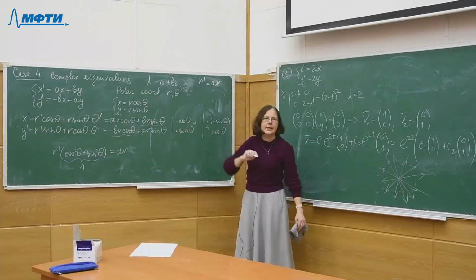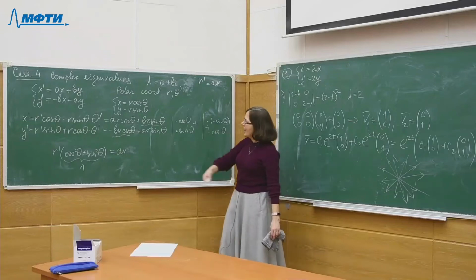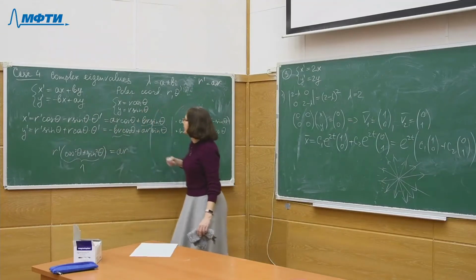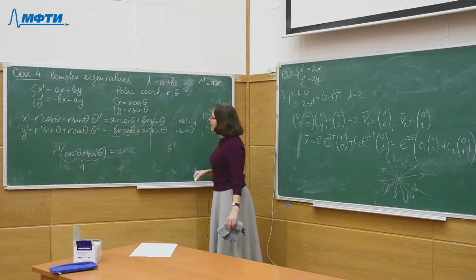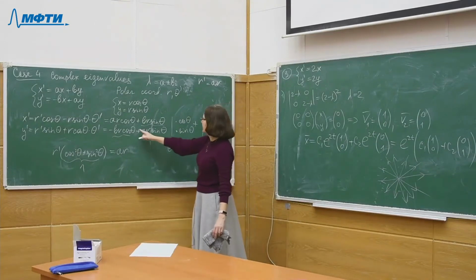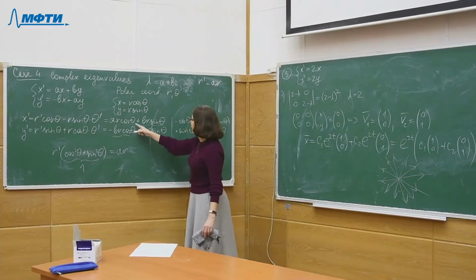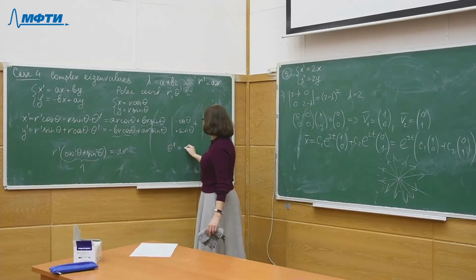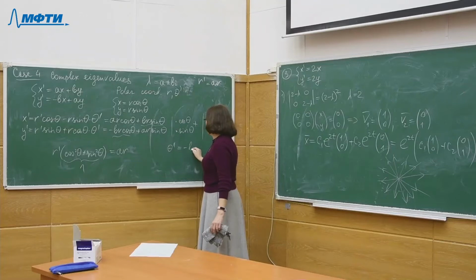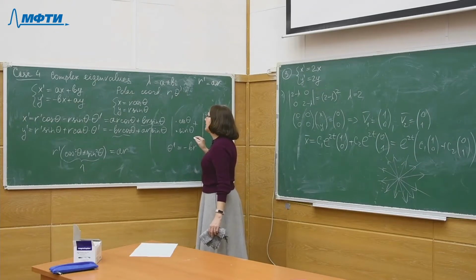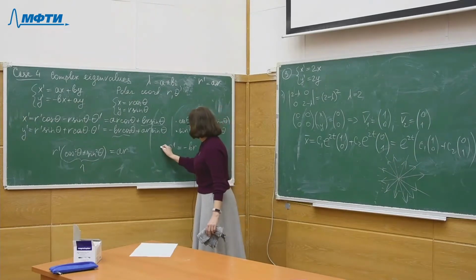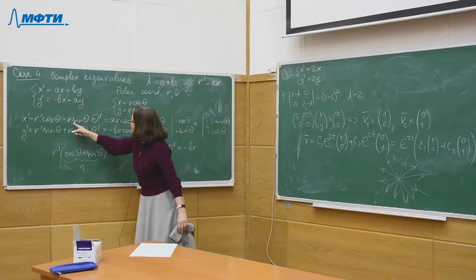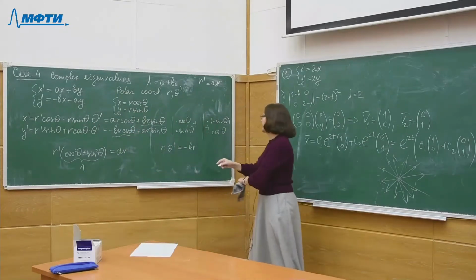This will eliminate r prime, and the terms with a will be eliminated. This will be minus br, right? So r times theta prime equals minus br.